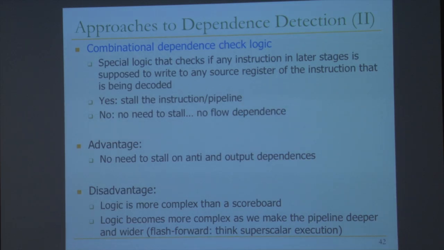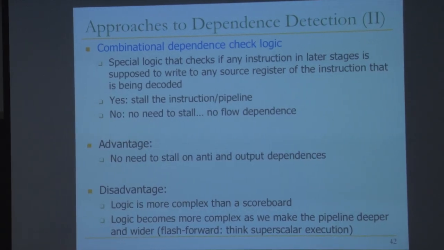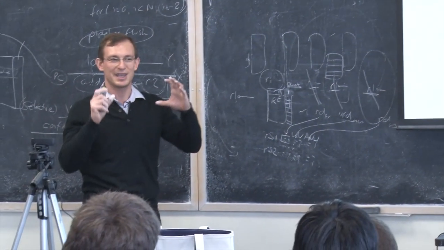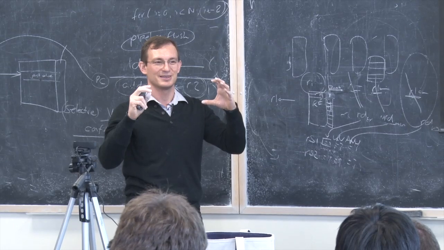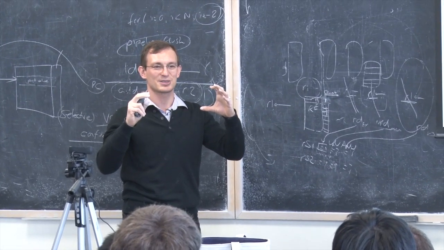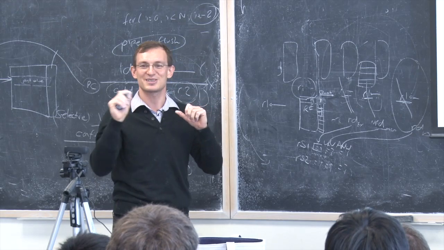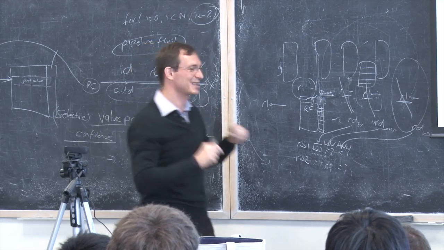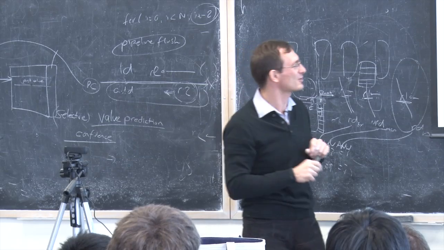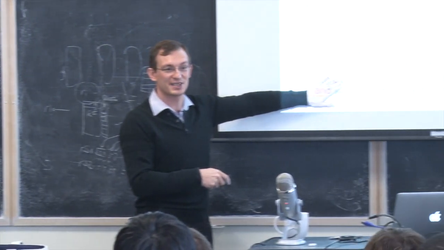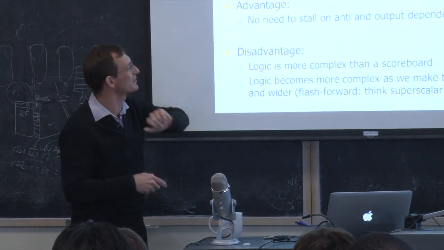If you look at one of the exam questions from the previous year, we gave the students logic and asked them what it does, and that was the dependency check logic. You can take a look at that for superscalar execution. But this could be a disadvantage. Scoreboarding may be more viable sometimes.